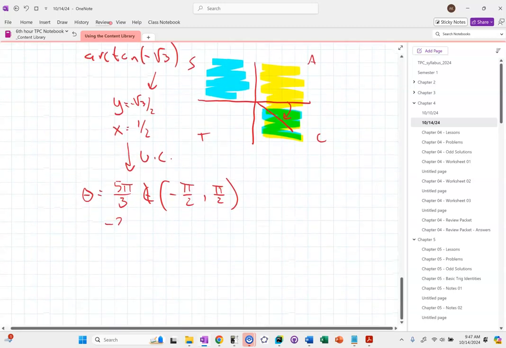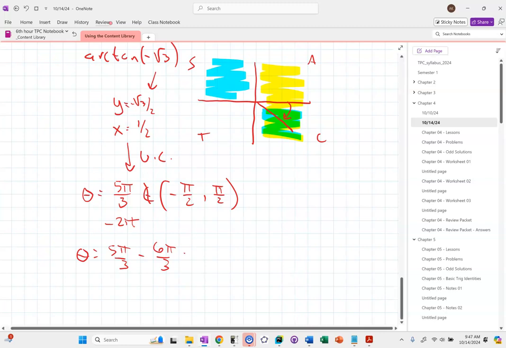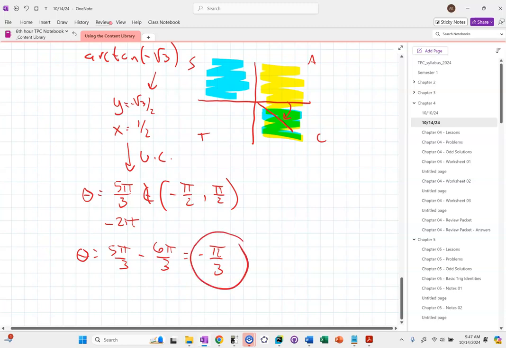Yeah, we'll just find something coterminal to it. So we have 5 pi over 3 minus 6 pi over 3. I'm going to make the common denominator there. We talked through it once. I'm not going to do it in excruciating detail a second time. Is everybody okay with that? Okay. So that gives me negative pi over 3. That's the one I want.